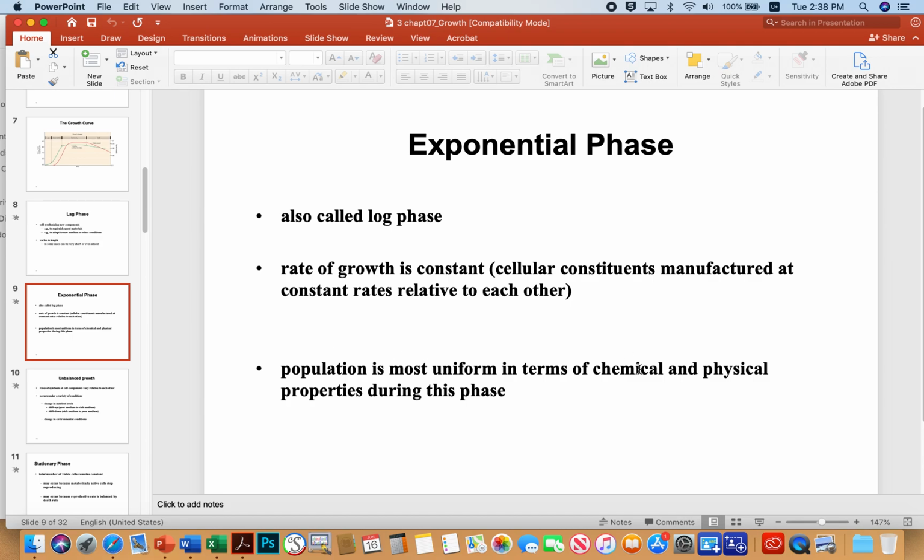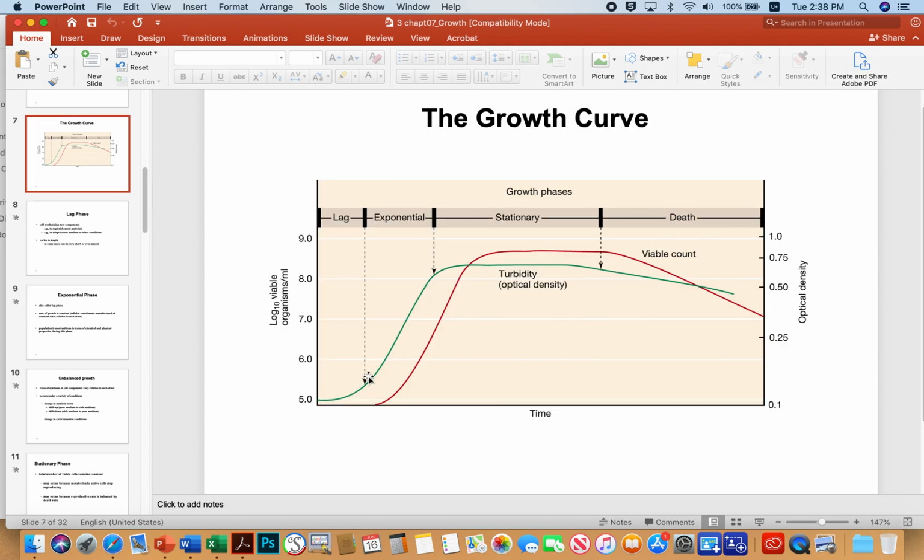It's usually very uniform as long as you don't disturb it, and the phase is usually pretty smooth as long as the conditions stay consistent. Sometimes you get growth like this, and then the curve might go like that and then go up again. Often when we see that kind of extra little lag, it means something happened during the experiment, like the power went out and your incubator stopped holding temperature, or whatever.